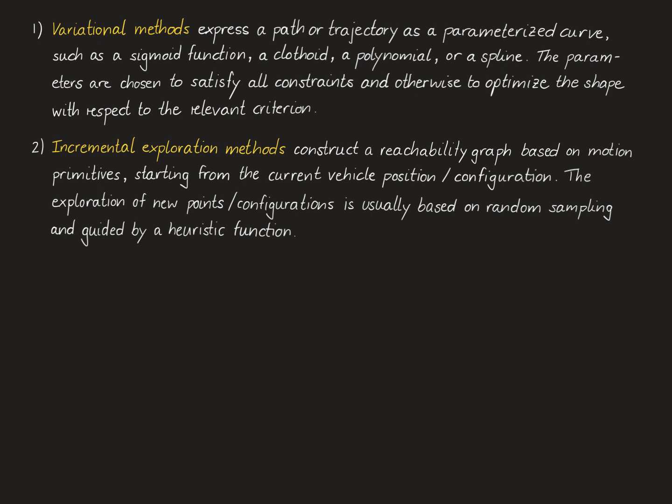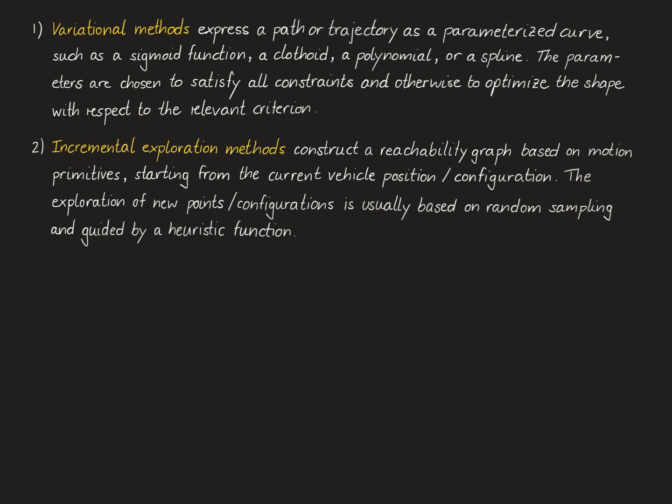This means that in each step of the algorithm, a new point or configuration is sampled at random, and then it is tried to be connected to existing nodes of the graph using a motion primitive.